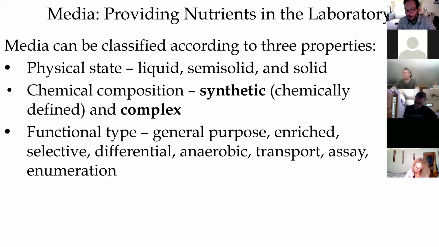Anaerobic versus aerobic, and so on and so forth. So the media that's used in the lab is full of variety, and all of those different varieties have benefits and have ways to inform us about the microbes that we're trying to, at the end of the day, identify, right?